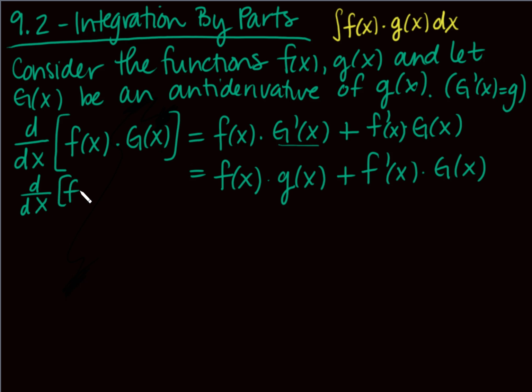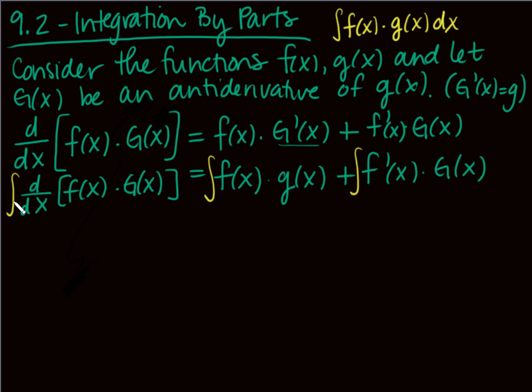So I'm going to rewrite this over here. I want to find some sort of rule for the antiderivative, or the integral, of f of x times g of x. So I am going to integrate both sides of this equation. I can break up integration across additions, so that's okay.